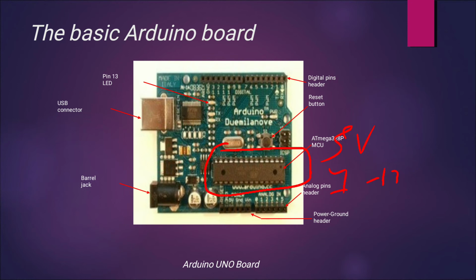Analog input pins are 6, power around 3.3 to 5 volt, and ground. And capacity of flash memory is 32 KB, RAM 2 kilobyte, EEPROM 1 kilobyte, clock speed is around 16 megahertz.